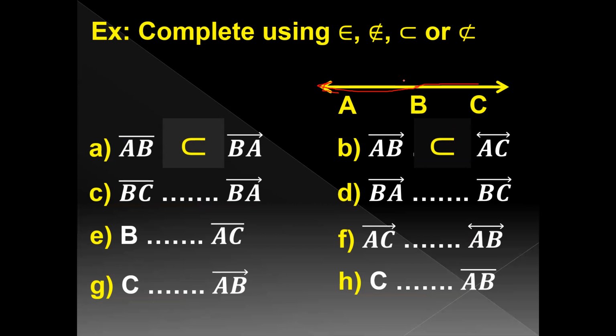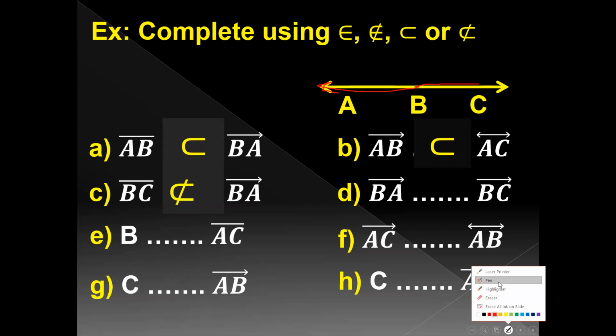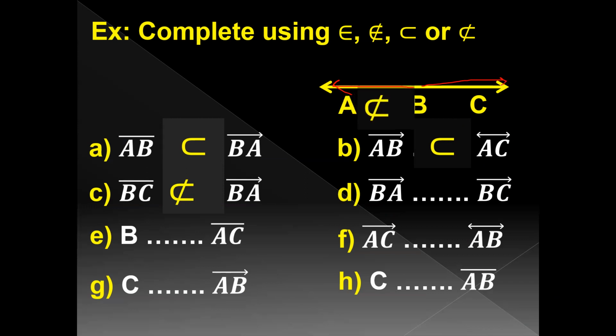There's no common part between them. So BC line segment is not a subset of BA ray. Next question. BA ray, this part, and BC ray, this part. Is there any common part between them? No, so BA ray is not a subset of BC ray.